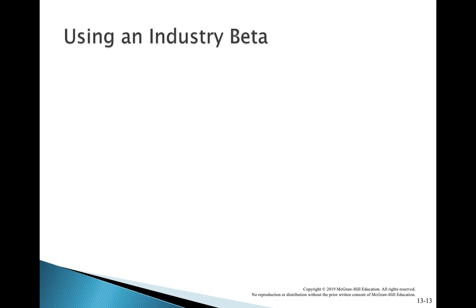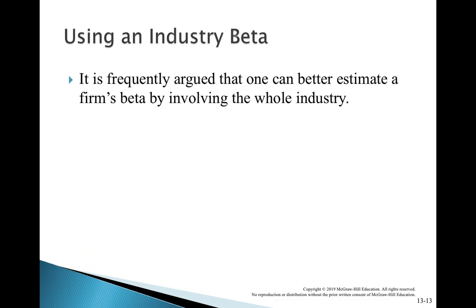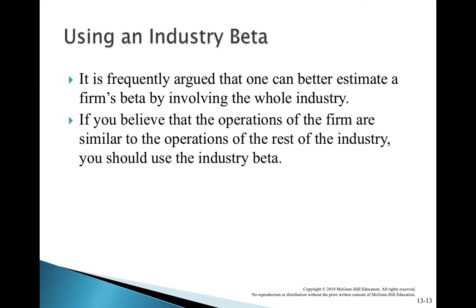Now, what about using the industry beta? It is frequently argued that one can better estimate a firm's beta by involving the whole industry. If you believe that the operations of the firm are similar to the operations of the rest of the industry, you should use the industry beta.